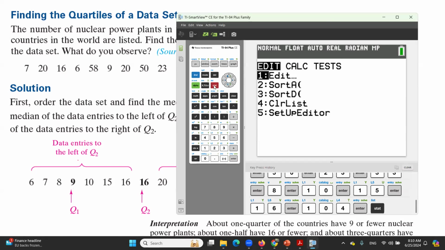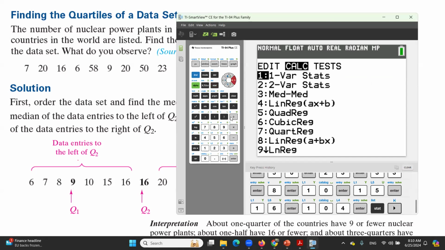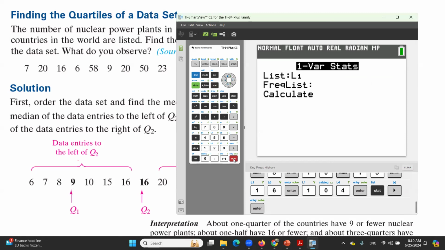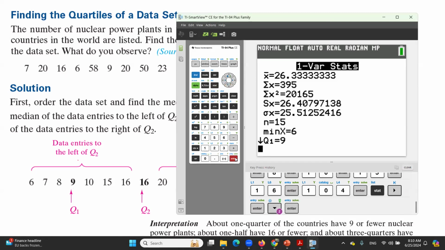Now you need to go to stat, go to calc using the arrow key. It must be on one variable statistics. Enter. Everything is in L1. Yes, we're fine. Frequency list stays empty. Go to calculate to do the calculation. So in the very first page, you see x bar, which is the average.